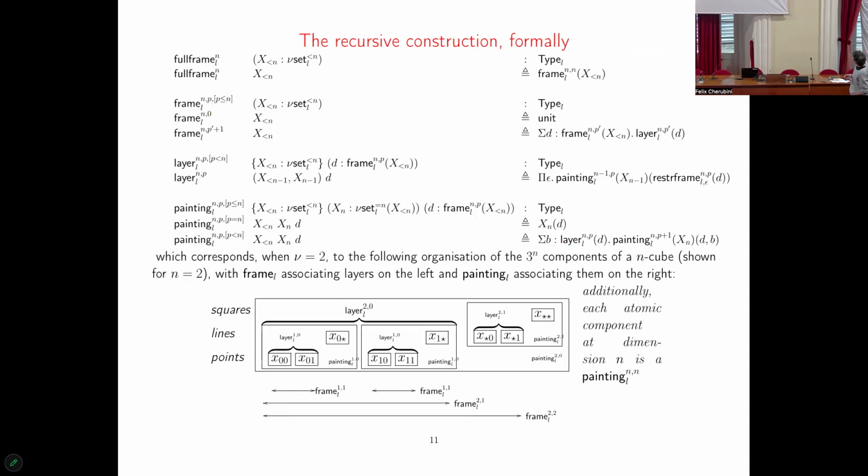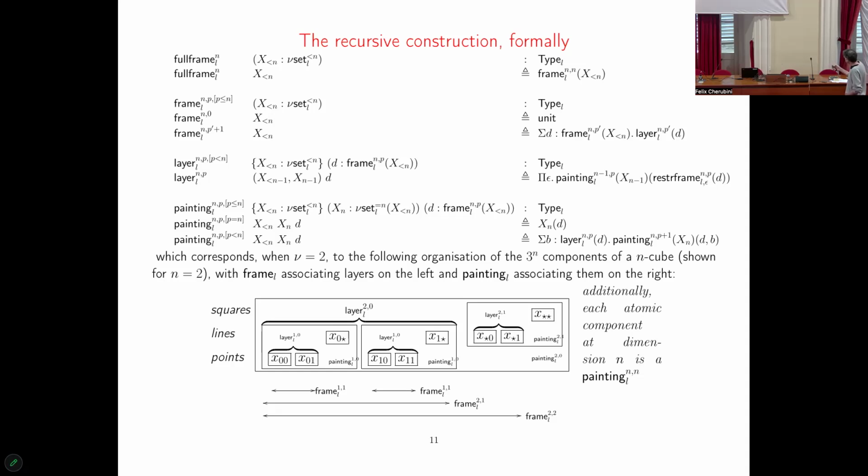So basically, at the end, it gives a definition with three components: the frame, the layers which compose the frame, and each layer is made, in the cube, of two paintings. The paintings themselves are recursively made.